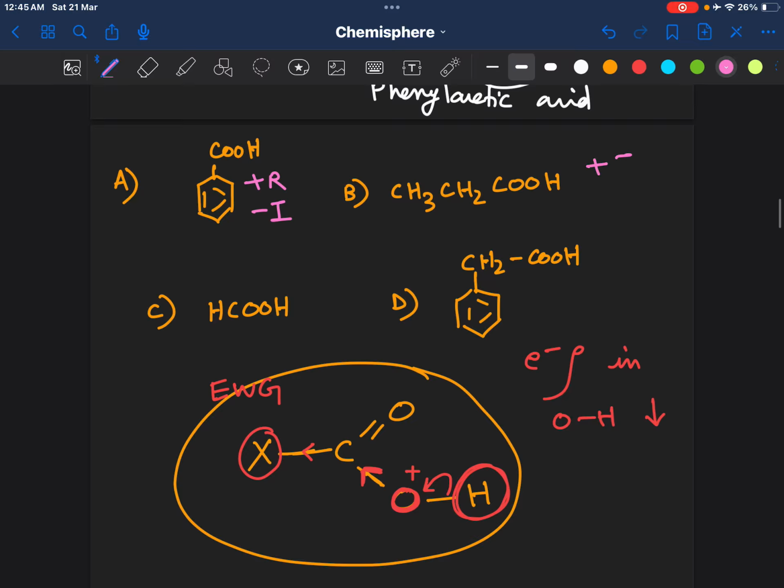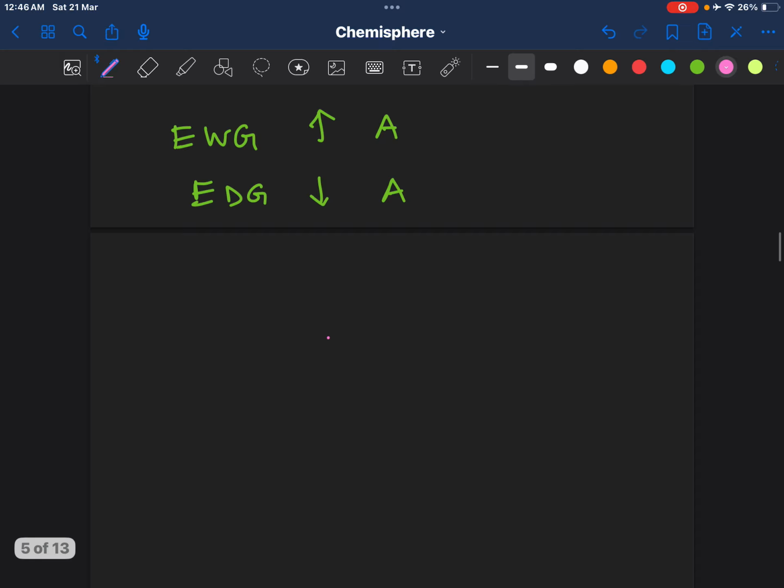B has only plus I effect, that is electron donating inductive effect. C does not contain any alkyl group. If you can see here, HC double bond O, OH. So there is no alkyl group to exert any effect. So therefore it is the strongest acid out of all the four that is given to us. Okay, so therefore C is the strongest.